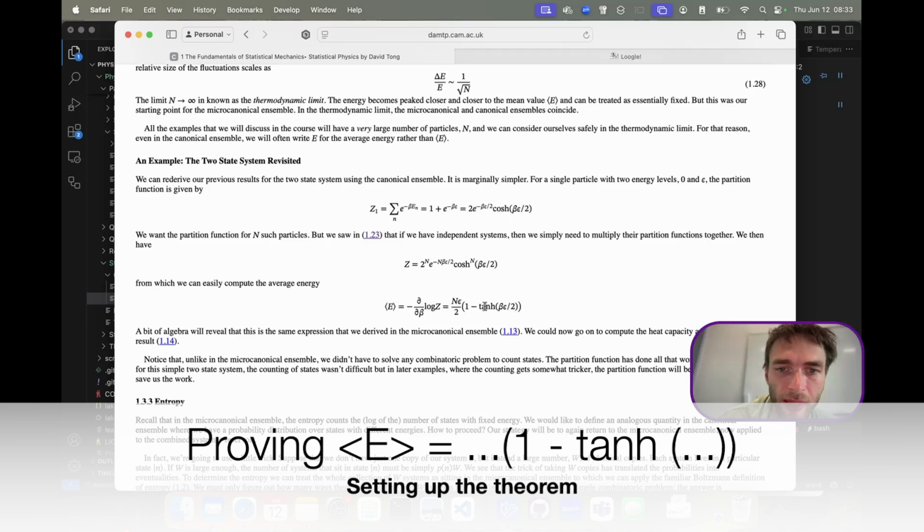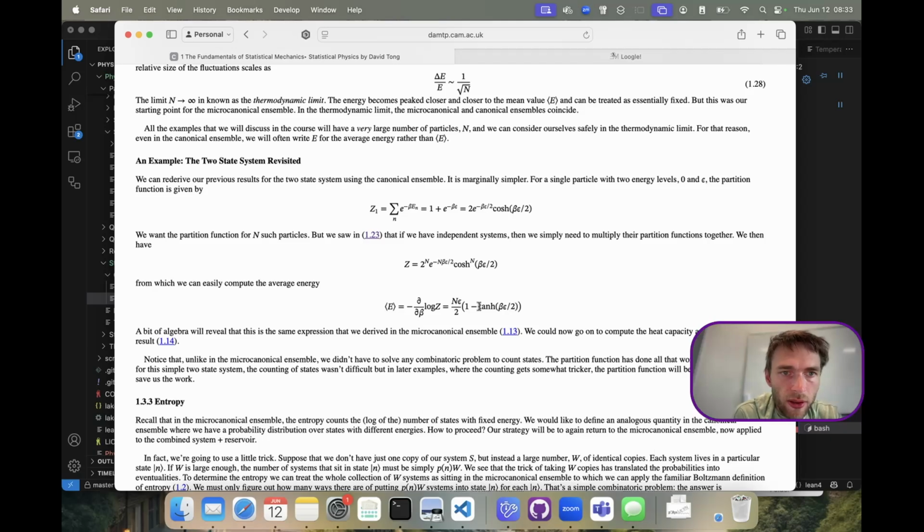Let's show that the mean energy is equal to, well, so this is actually asking for the case where you now have n particles, and that would involve multiplying this canonical ensemble by itself n times, which we don't necessarily have to do.